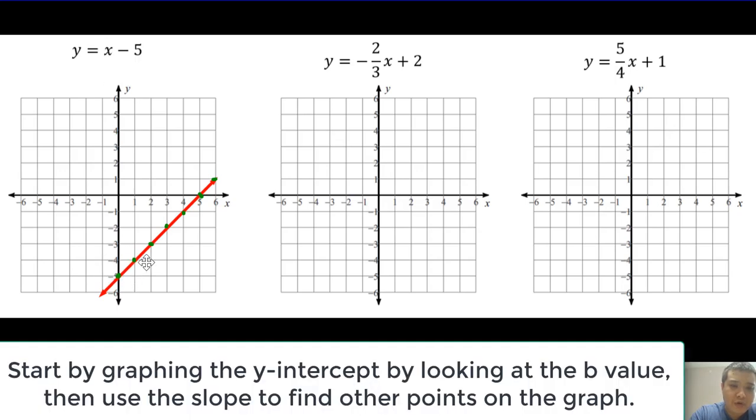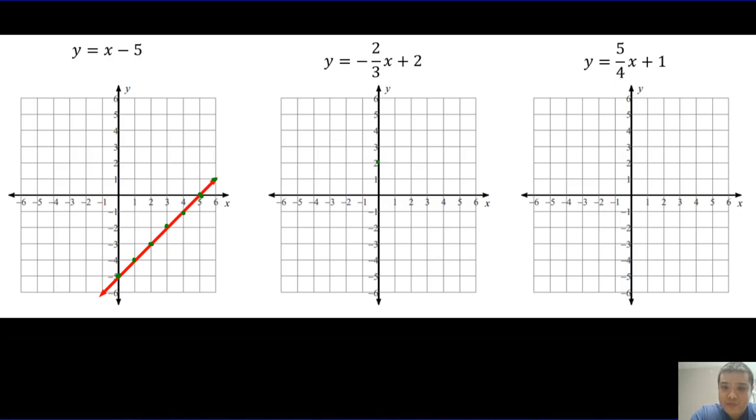Over here, our y-intercept is going to be 2. And we have a slope of -2/3, which means we're going to go down 2 over 3. We can talk about this in terms of rise over run, and we know it's going to be down 2, and over 3.